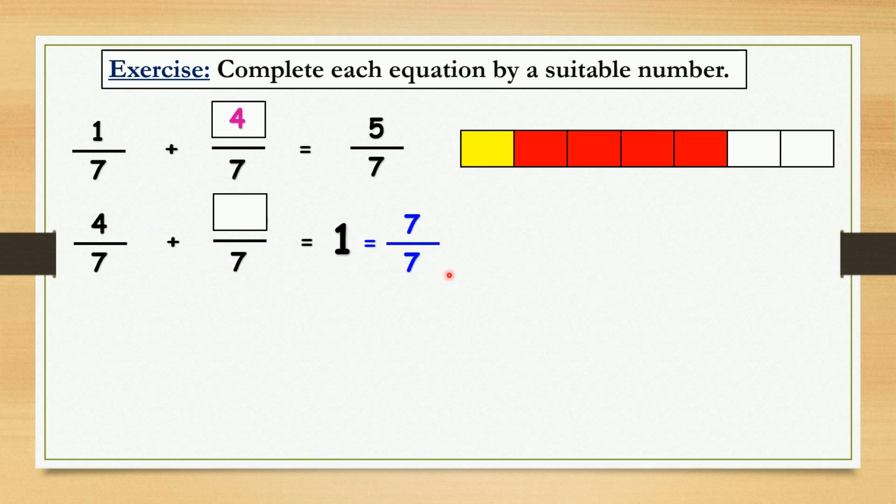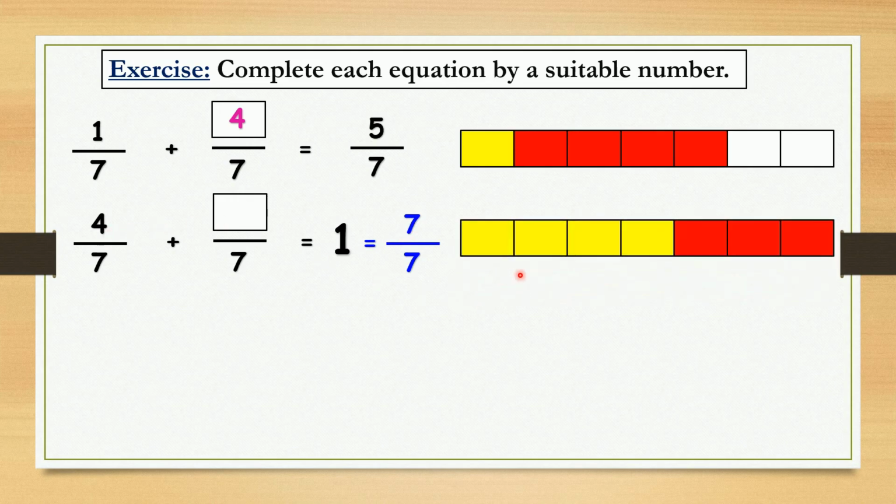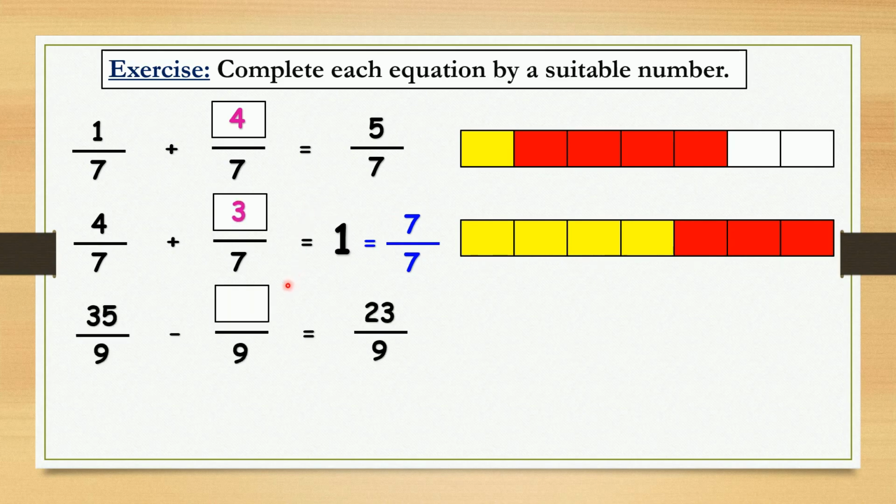Now the three fractions have the same denominator, 7. Now I ask myself, 4 plus what equals 7? I can do 7 minus 4, and it's equal to 3. And here, if we colored all the parts of a unit, if you notice, it's equal to 1, and 4 parts plus 3 parts equals 7 parts, and the answer is 3.